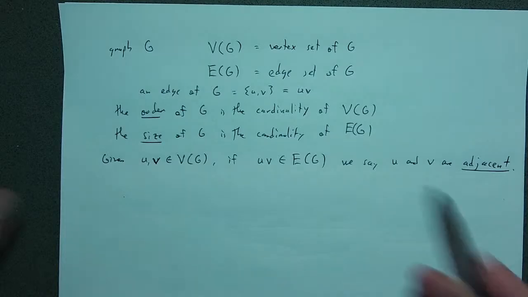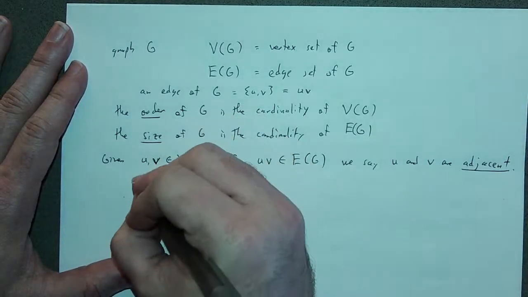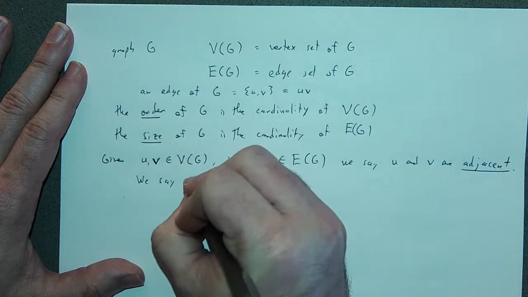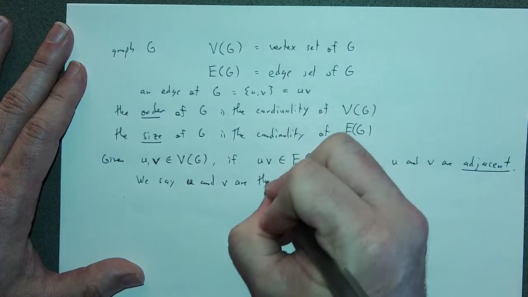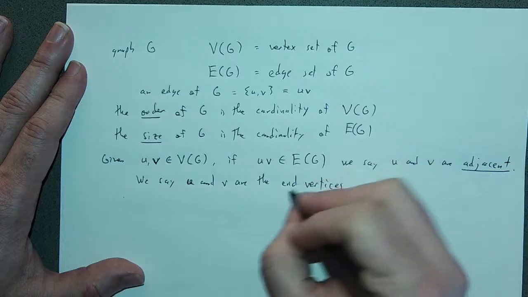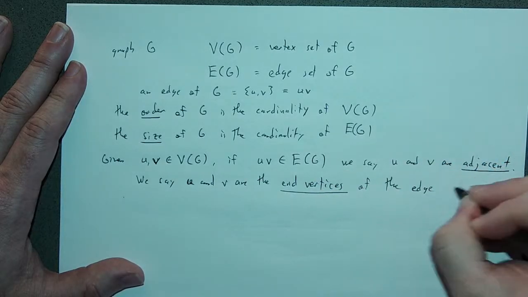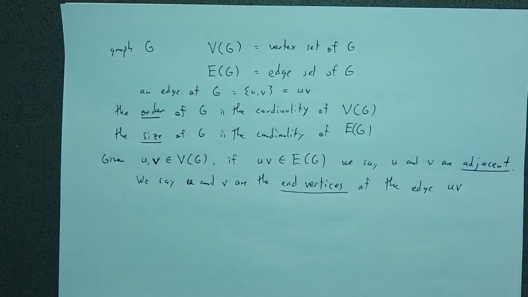In this case, we say that U and V are the end vertices of the edge UV. So again, this is just another way of describing it. Sometimes you want to state a theorem or a fact in terms of the end vertices of some edge.